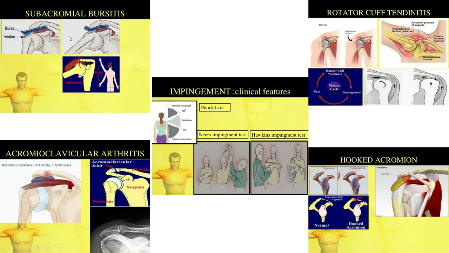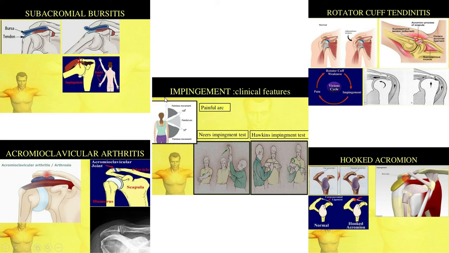Okay, now I already discussed this. If the pain is over this area, due to the bursa, then this is called subacromial bursitis. If the tenderness is over this area, this is called acromioclavicular arthritis. If there is any impingement, this is called painful arc syndrome: pain will increase from early 70 degrees, and after that up to 120 degrees it is very painful, then there will be no pain.